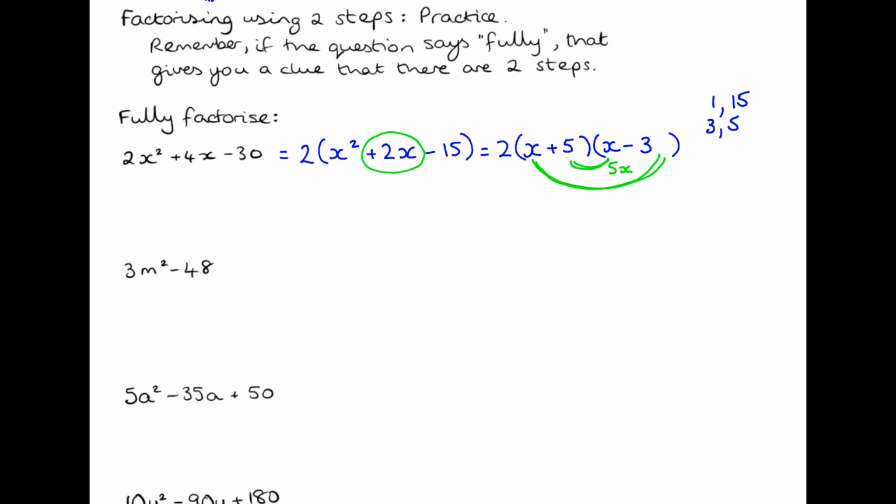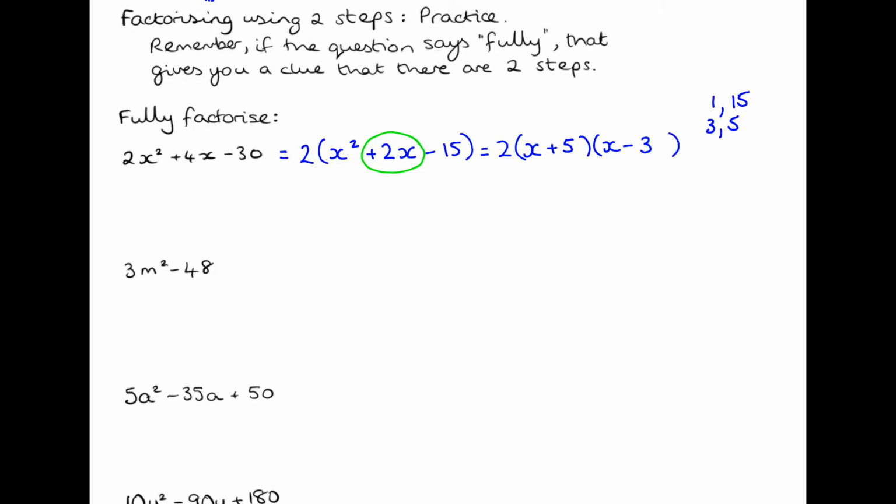X times negative 3 is negative 3x. So 5x take away 3x does give us the plus 2x, so that's the correct factorising. The whole answer has to include the 2 at the front. Without the 2 at the front, that's not the correct answer.